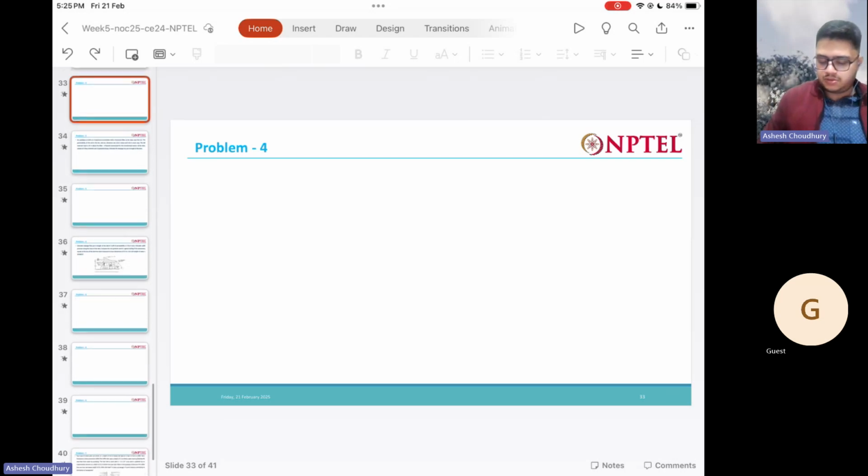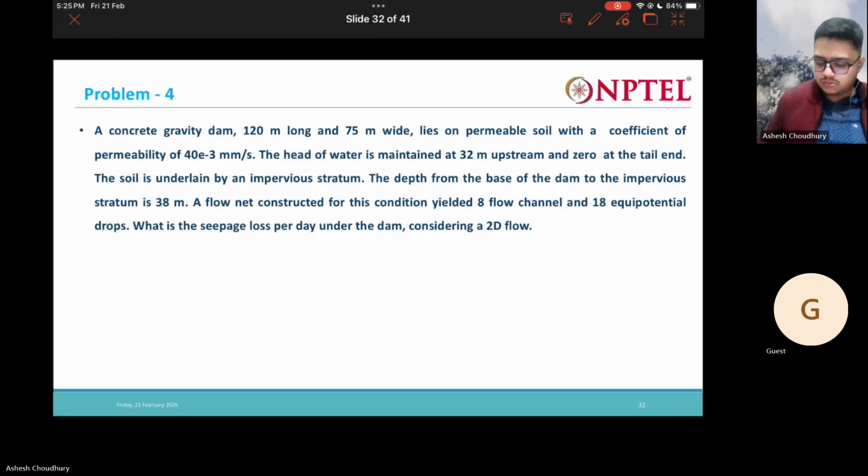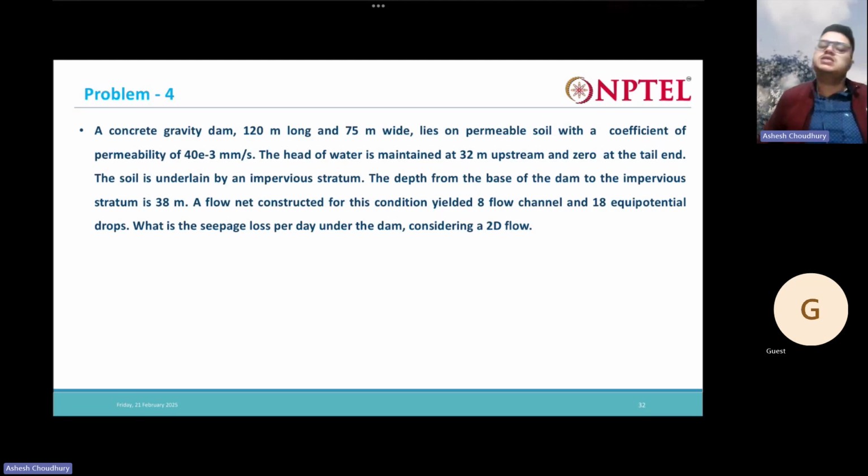Just try to solve this. Very easy. Everything is given to you. The seepage loss is what you need to find out. All the other required information is given in the question.